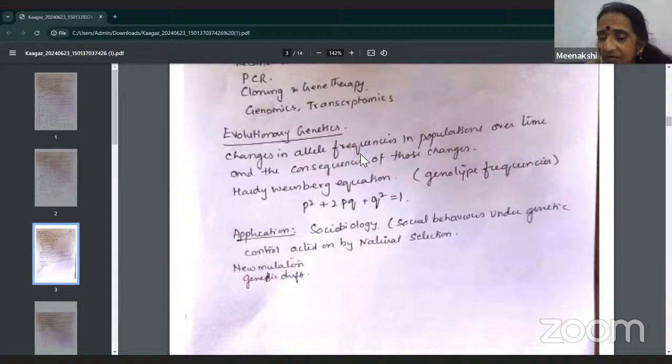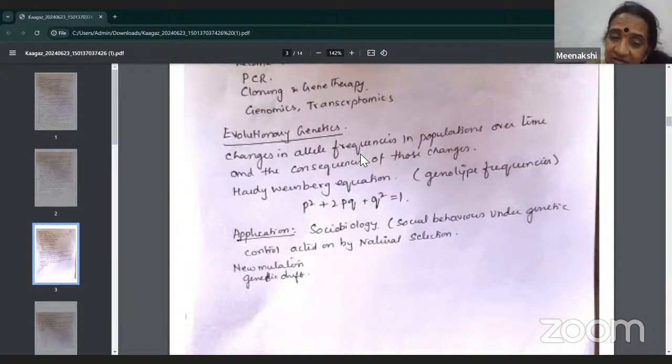If they say that it is 10, that means the primary population is 100. So 100 square plus 2 p into 10 plus 10 square. That will be your formula, and it should come up to 1. That is 50% of this and 50% of that should come, so that it will be a complete set, and we will be able to identify what changes are taking place within the species.